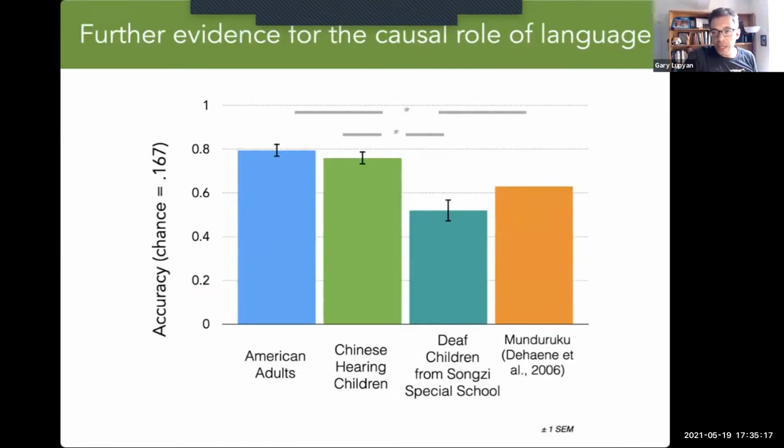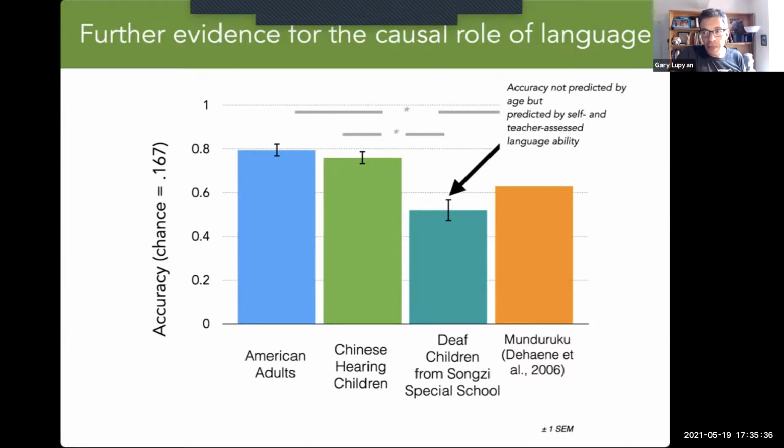The hearing Chinese children do basically the same as American adults, and they do better than American kids. Here is the group of the quote unquote home signers. Their accuracy is again not predicted by age, but it's predicted by an admittedly rough measure of teacher-assessed language ability.